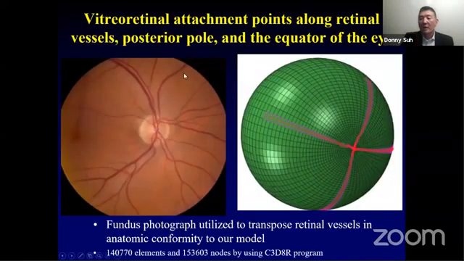Then we also added vitreoretinal attachment points along the retinal vessels, the posterior pole, and the periphery, similar to humans. And then we looked at over 300,000 different small points within the retina at any given moment.